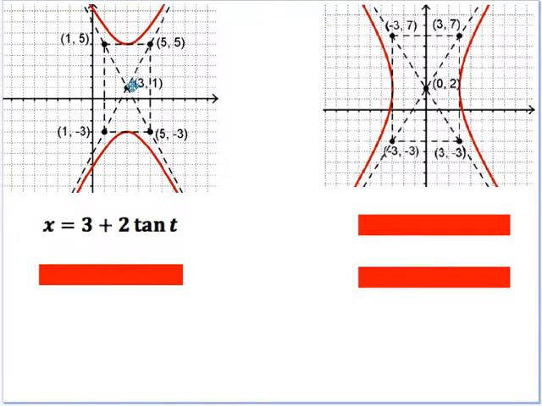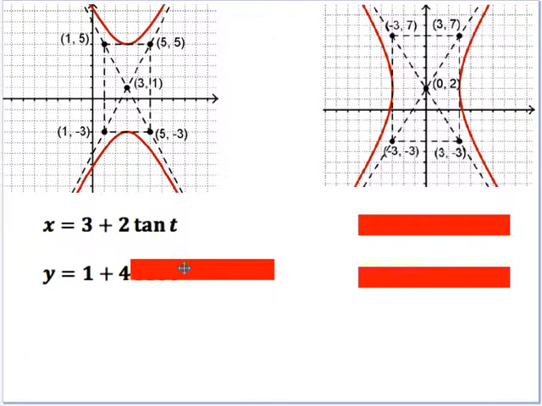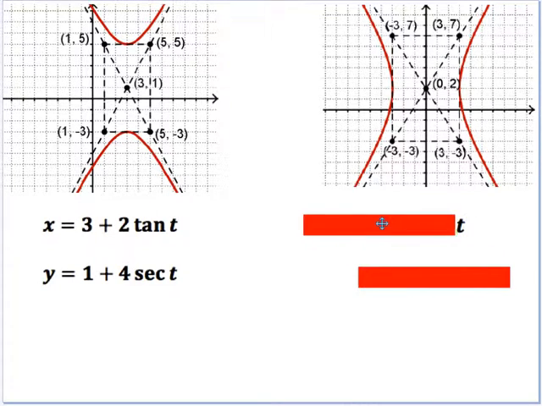All right, so now let's see if you can figure out the y values. So we're moving up 1, and then from the center to our dotted line down here is 1, 2, 3, 4 units. So I'm guessing it'll be y equals 1 plus 4 times secant t, excuse me, okay? And then the same thing over here. Now, I will tell you that we're going to have secant in my x formula.